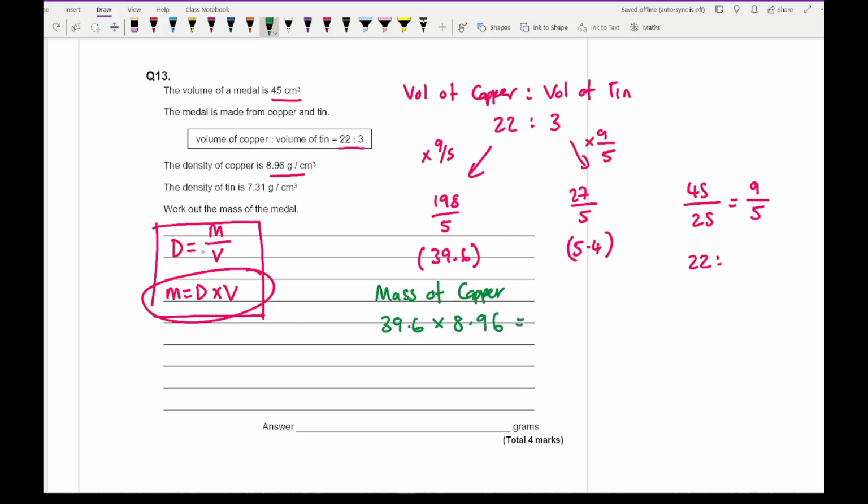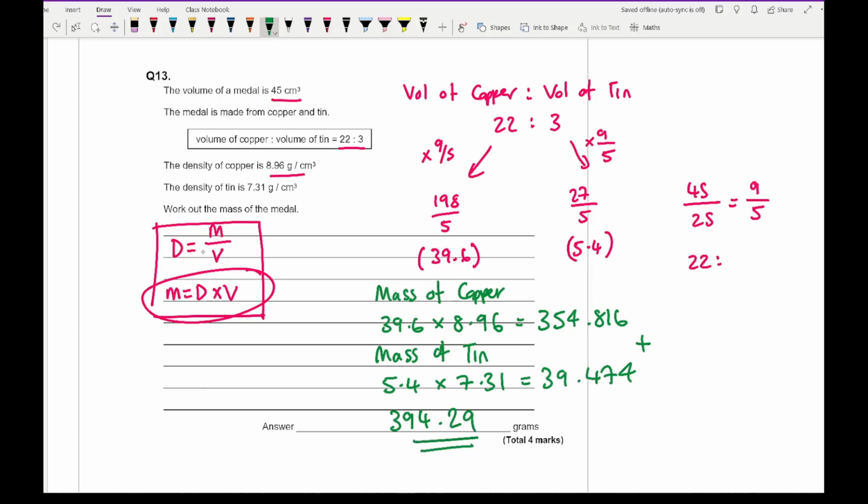So 39.6 times 8.96 gives me an answer of 354.816. And the mass of the tin is going to be 5.4 multiplied by 7.31. So 5.4 times 7.31 gives me an answer of 39.474. And if I add those two numbers up, I get an answer of 394.29 grams, and there we are done.